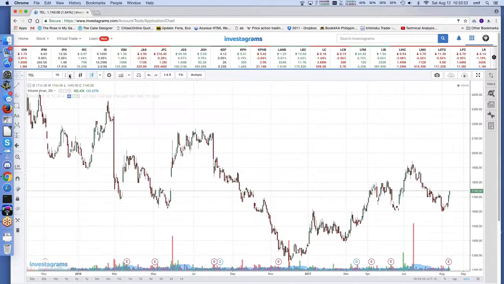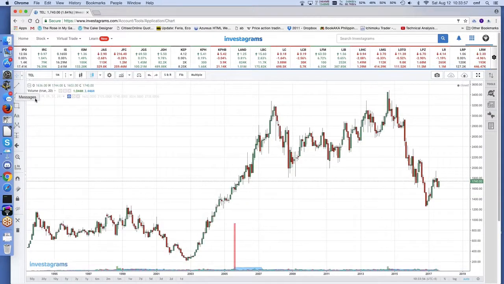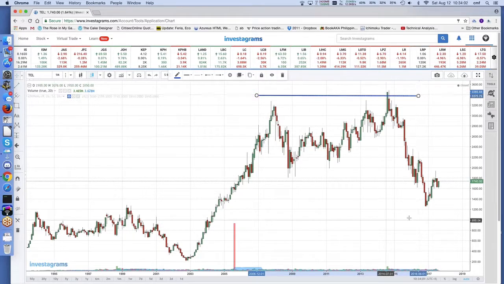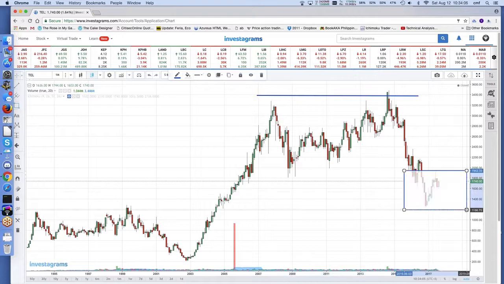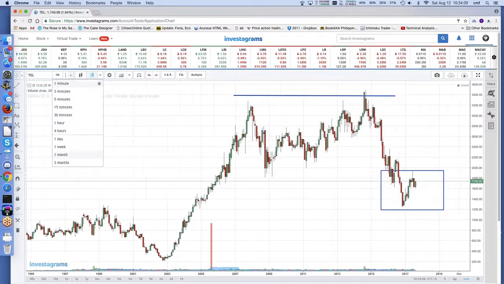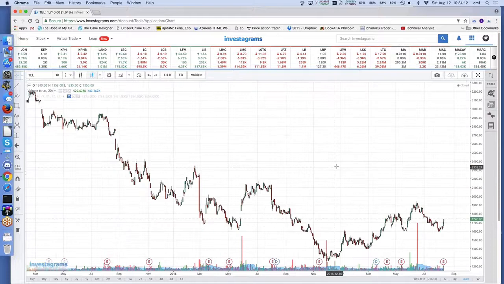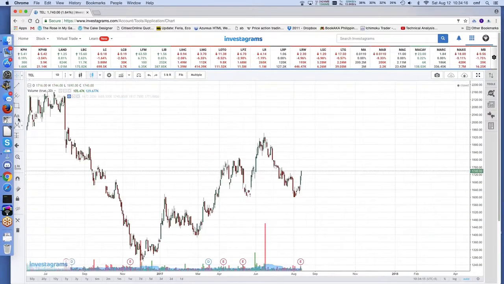Let's go to the monthly chart. This was the double top. But here's the current area. The current situation is this. Let's go to the daily chart. This is the current price move.